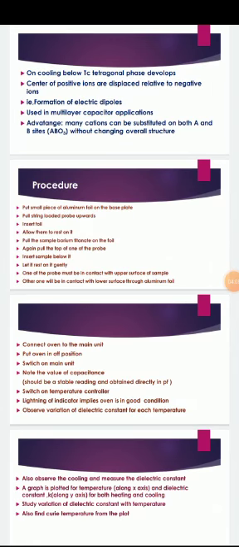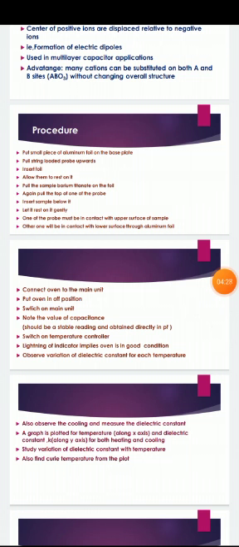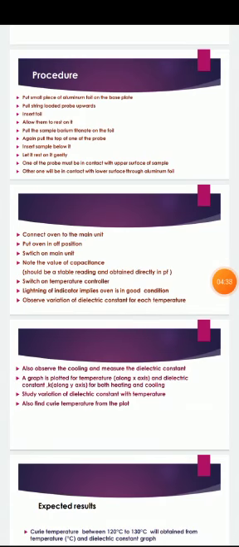And here the centers of positive ions are displaced relative to the negative ions, i.e. electric dipoles form. It is mainly used in multi-layer capacitor applications. One of the main advantages is that many cations can be substituted on both A and B sites without changing the overall structure. Now let us move on to the procedure part.